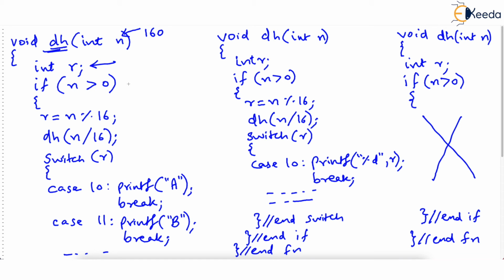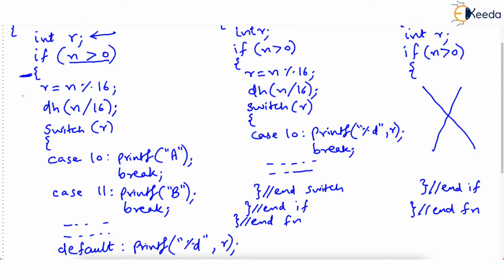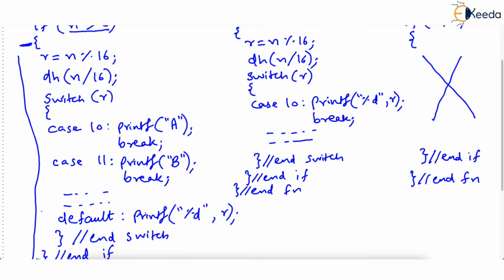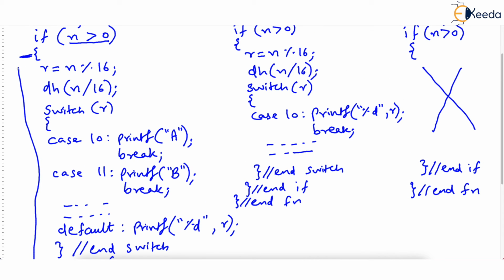And then the function is going to check if 160 is greater than 0, which is true. So this entire if will run. This if is ranging from the line which I have marked up to this point, isn't it? So all these lines have to run because if is true.